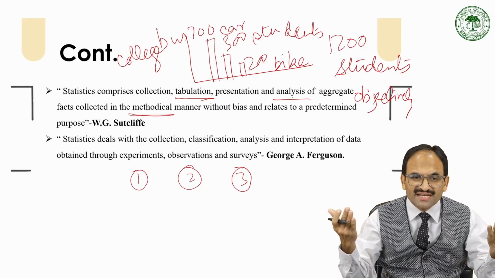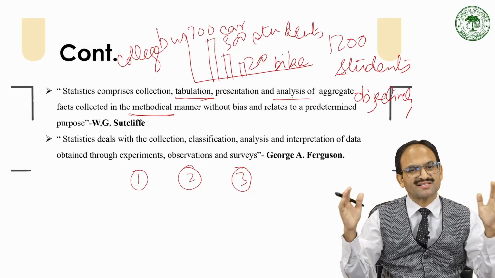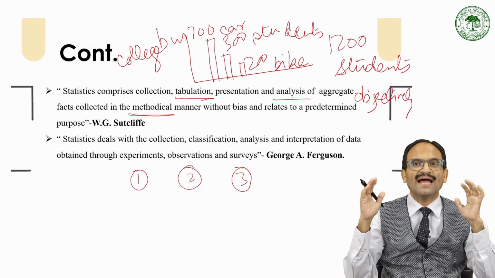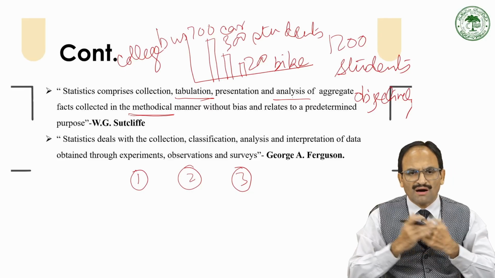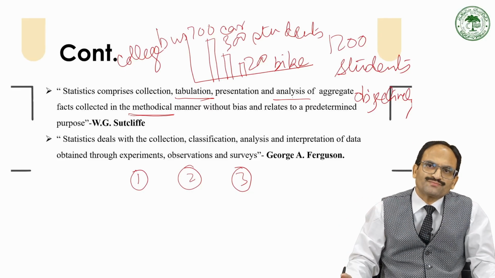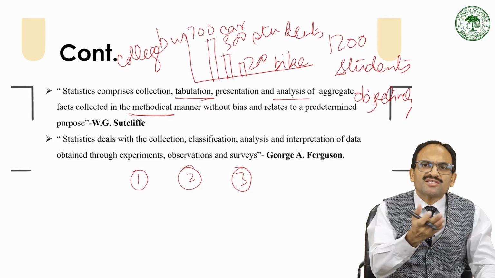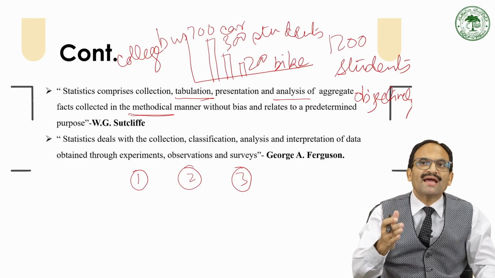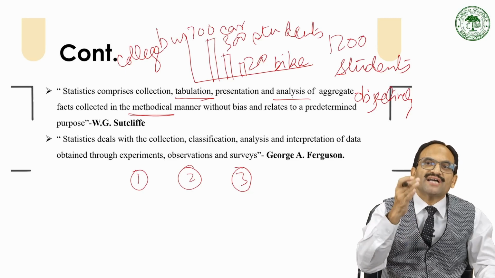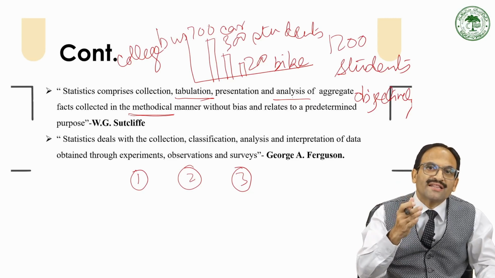What are these three ways? Experiments, observations and surveys. So, I am a teacher and I use several methods to teach my students so that they may understand the concept which I want them to understand.